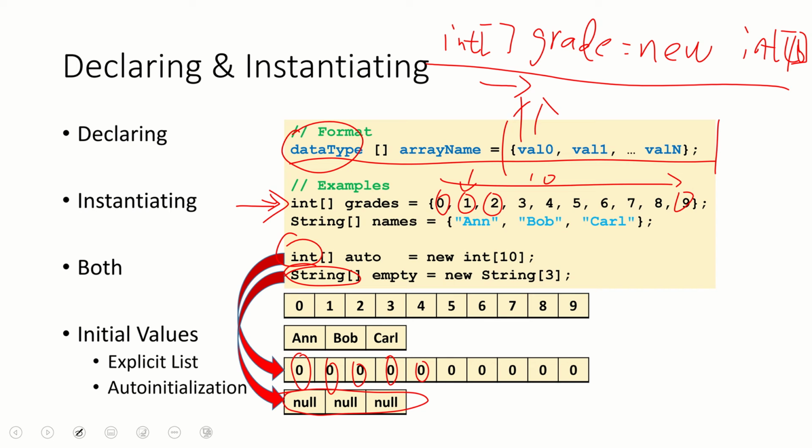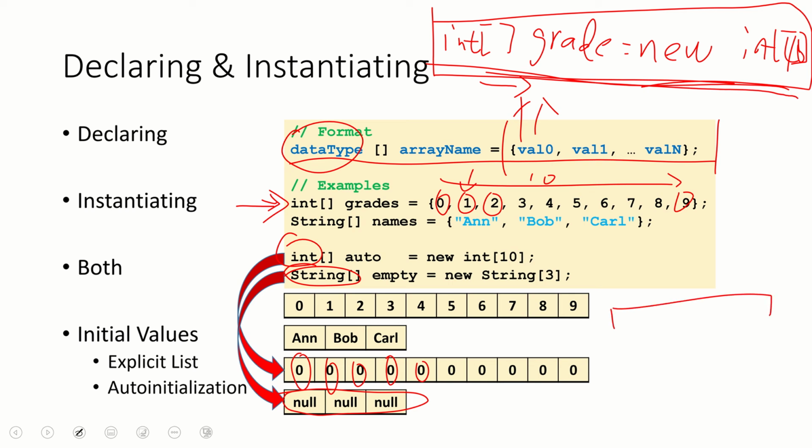But what about if we didn't give the value? We're using this format. Is there any value for every element? I'll give you 5 seconds, think about it. If I didn't give any value, you just initialize an array, for example, I give the array something like this, there's 5 elements.